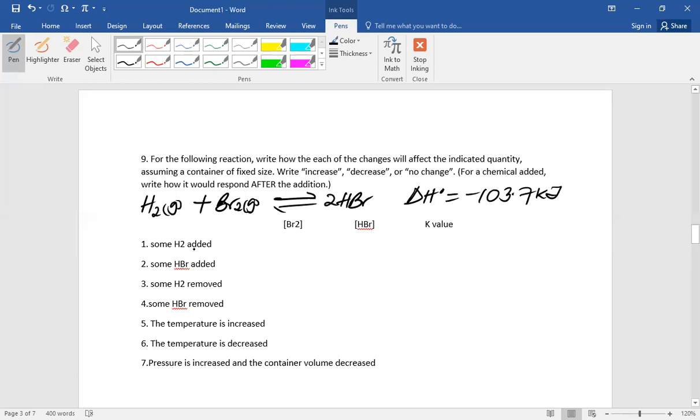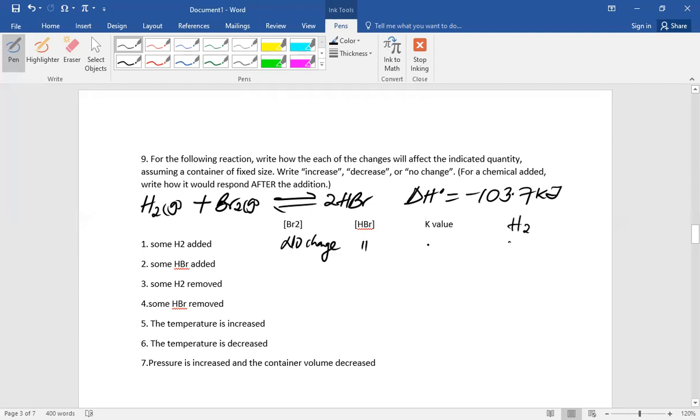When we add H2, what will happen to the value of Br2? It has no effect, so that will be no change. Even here, no change.